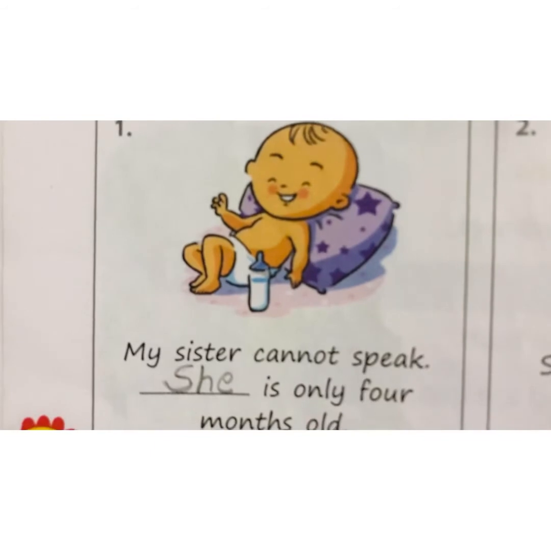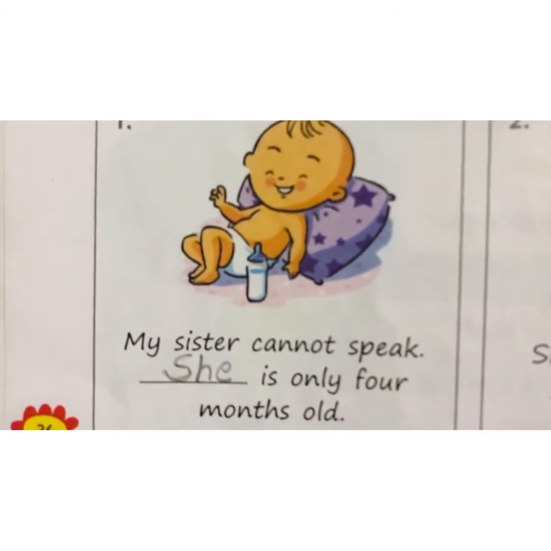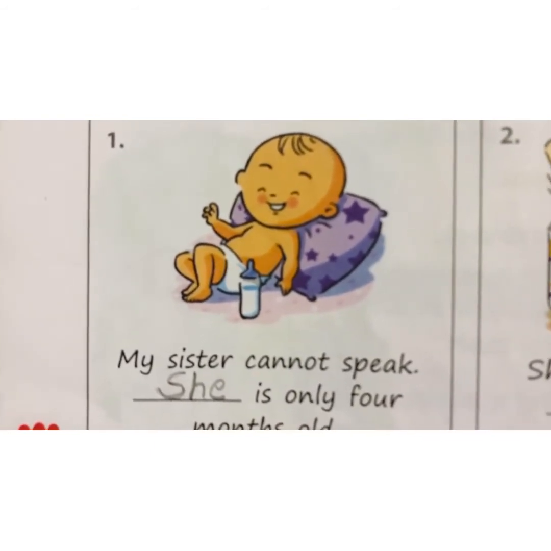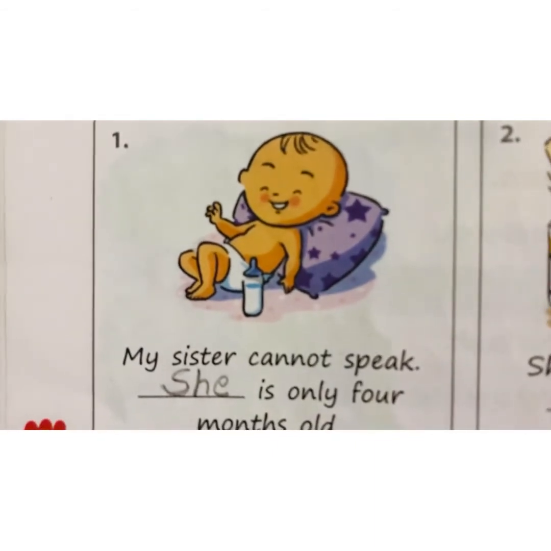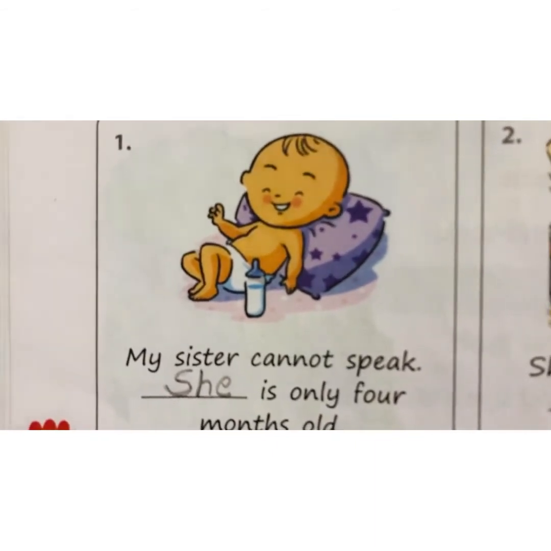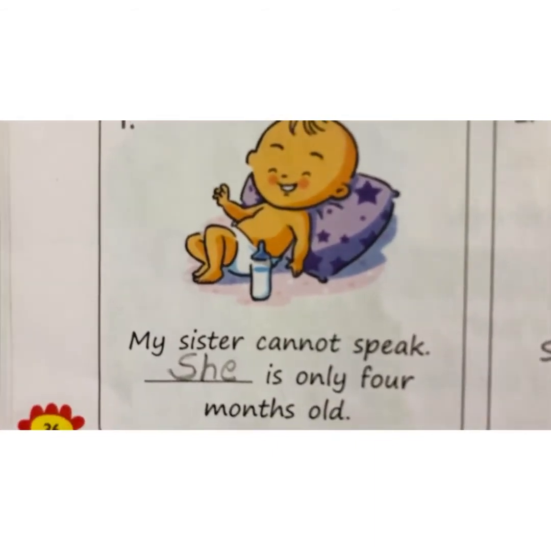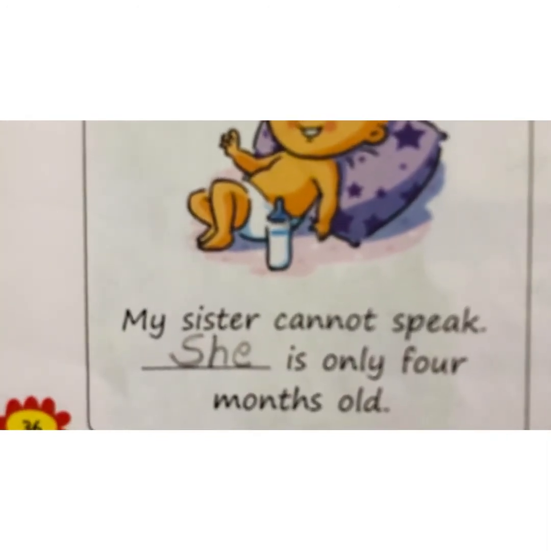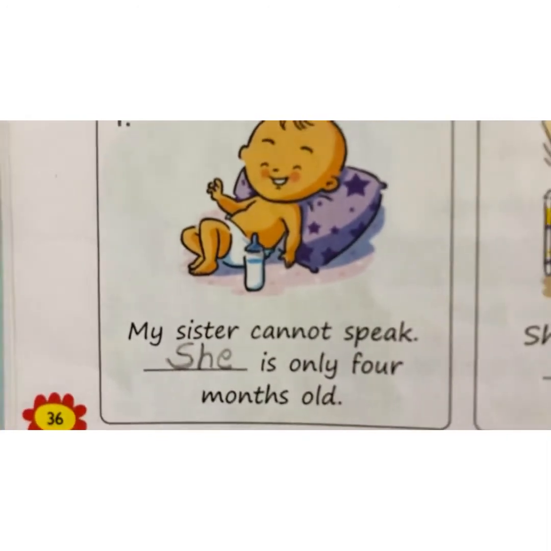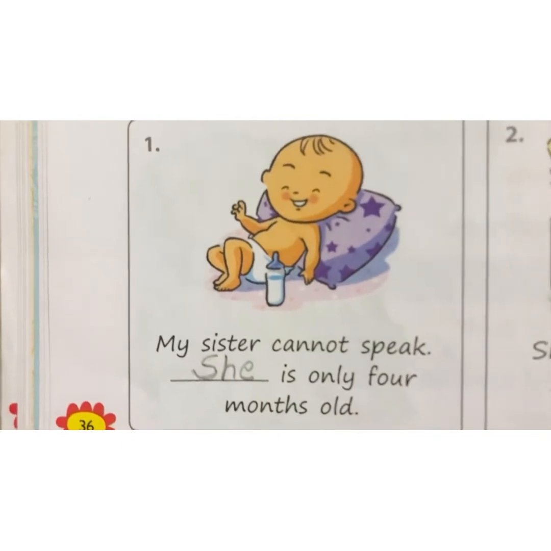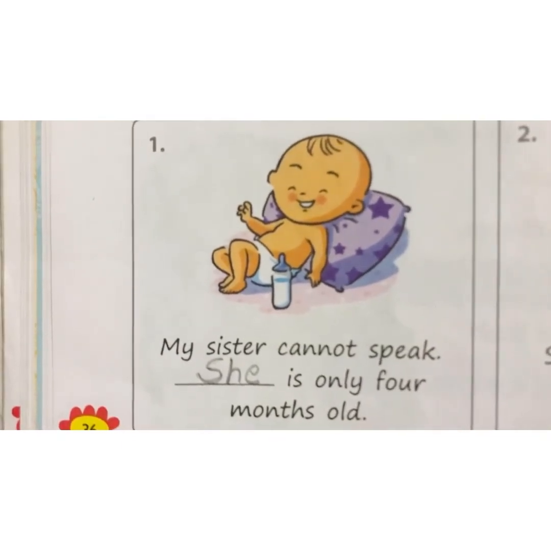You will see a small baby. This is a sister. Sister means girl. So what will we use here? We will use pronoun she. She is only 4 months old.